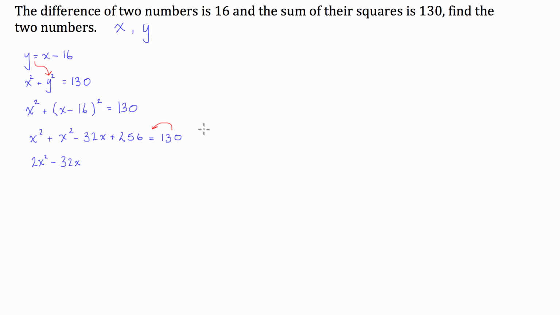So if you can't do that in your head, there's no shame in just doing 256 minus 130. 6 minus 0 is 6, 5 minus 3 is 2, 2 minus 1 is 1. So it's going to be plus 126 equals 0.